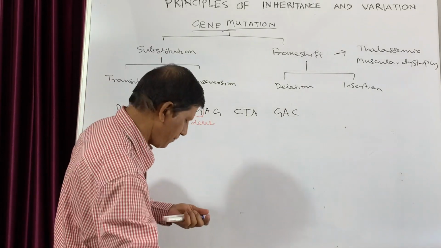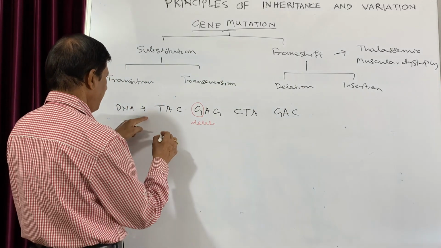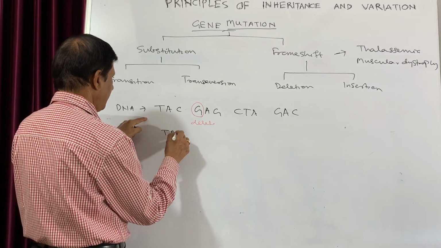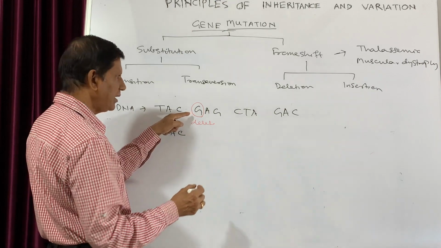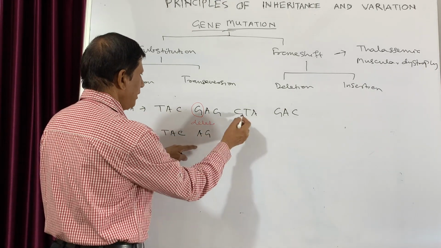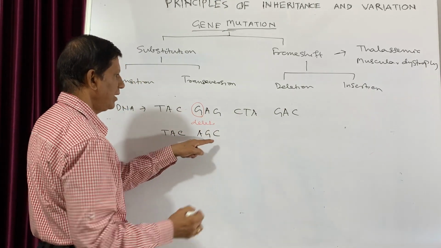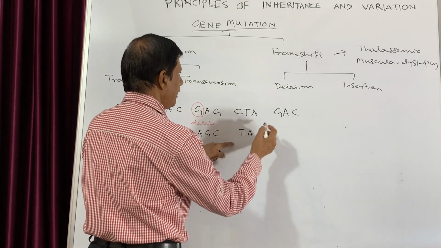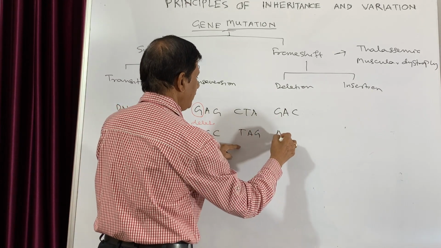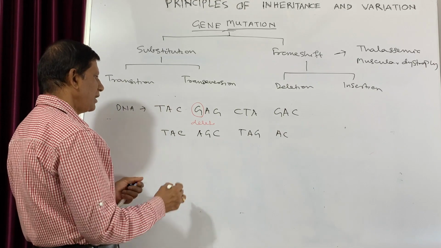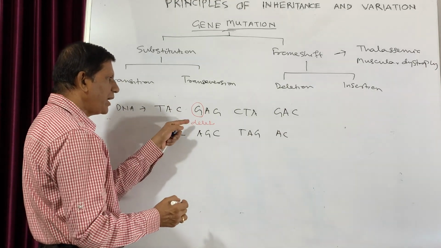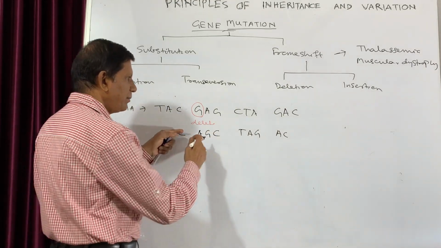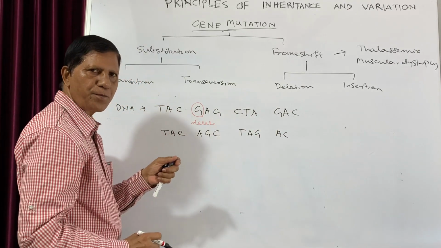Then what will happen? After deletion, it will be TAC. Now this G is deleted, so it will be AG. Now this C will come to this side. Then it will be TA, and this G will come to this side. Then AC. Now you see, from the point where it is deleted, the remaining codons are changed.